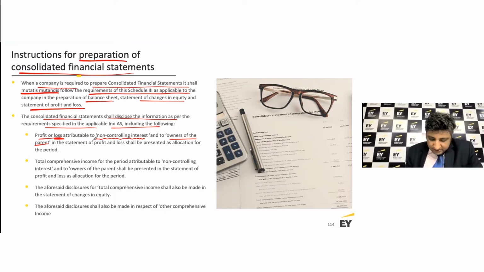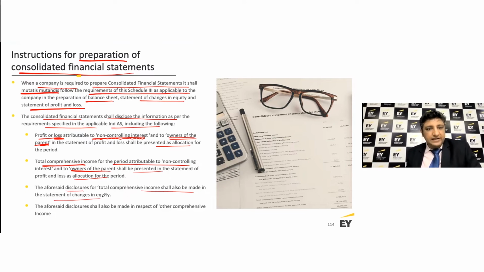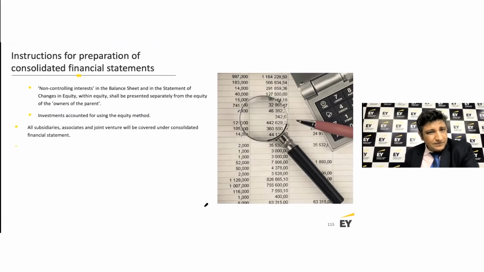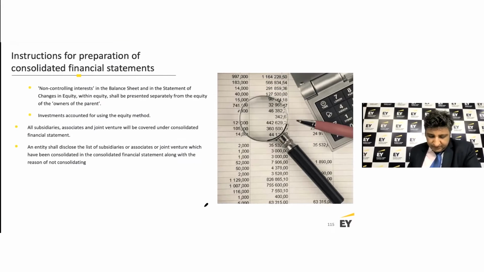So the profit or loss as attributable to the non-controlling interest and to the owners of the parent has to be presented. Also, the total comprehensive income has to be presented for both the parties, and the disclosure shall also be made in the statement of changes in equity about these so-called allocations made, not just for the total comprehensive income, but also for other comprehensive income. It's just about the context there.